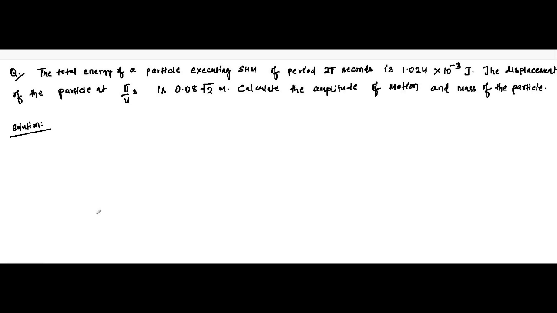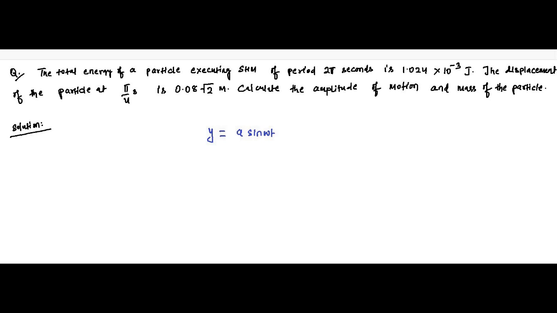Here we have to calculate the amplitude of the SHM motion and the mass of the particle undergoing SHM. So first we have to write the basic displacement equation of simple harmonic motion, where y is the instantaneous position or displacement.